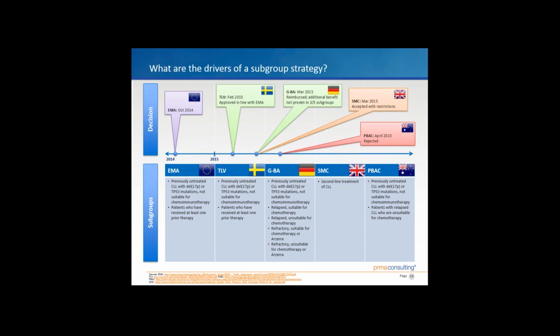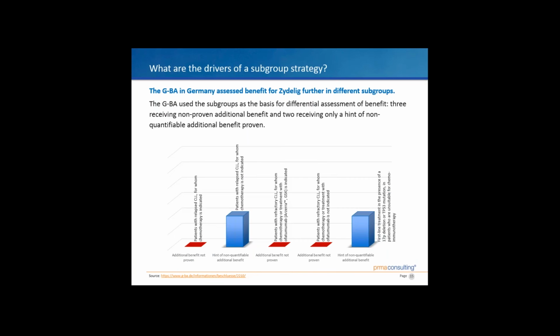And then Germany, the GBA, is the interesting example because unlike the others, the GBA and IQWiG specifically broke out relapsed and refractory disease, which is what you see in these extra columns. And by breaking out relapsed and refractory disease, there was the established treatment pattern that prior treated patients have retreatment or rechallenging as an option.